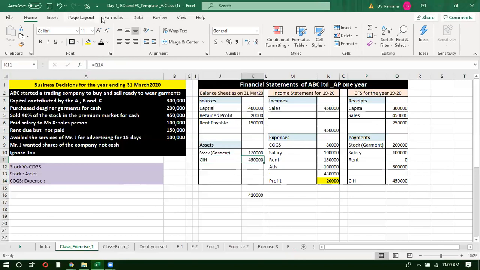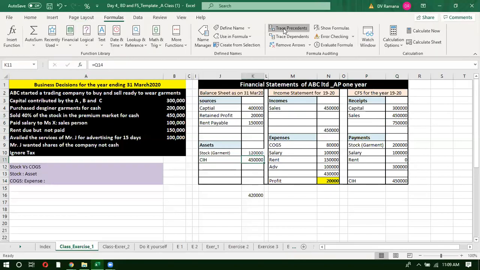So if you see this, the balance sheet depends on the income statement and cash flow statement. The profit, if retained, is transferred to the balance sheet as a source. Cash is an asset, will be transferred to the balance sheet as an asset.